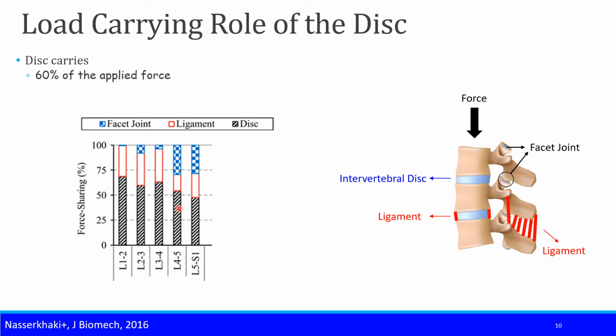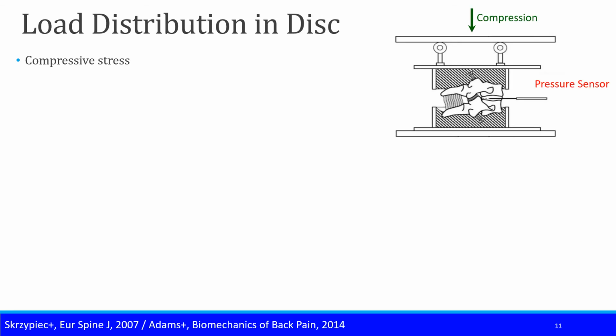Depending on the posture and the loading, overall we can say that about 60% of the force is carried through the intervertebral disc. So an intervertebral disc is under large mechanical loads, and the remaining question is how the load is distributed within the intervertebral disc.